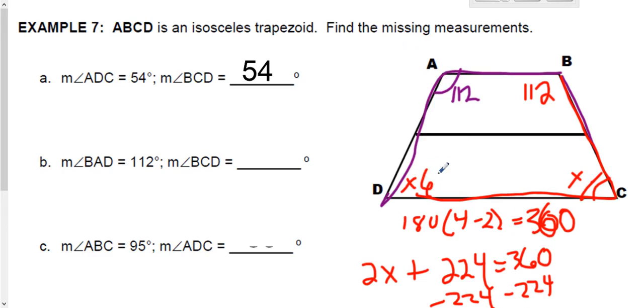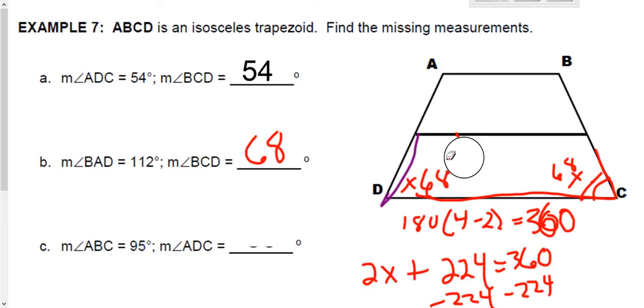So this angle is 68, this one we wanted over here is 68. And what I want you to notice now, you can always solve it that way when you know one of those. We are good there. Another thing to notice though is these, when you add this one on the top and the one on the bottom, you're going to get 180 degrees all the time. So that's a shortcut for later.